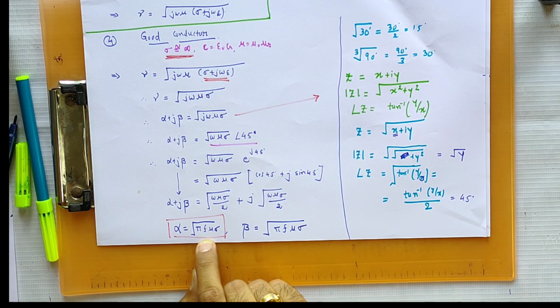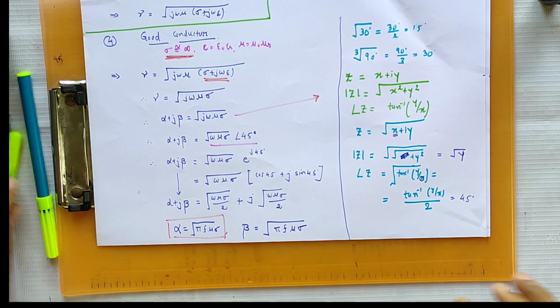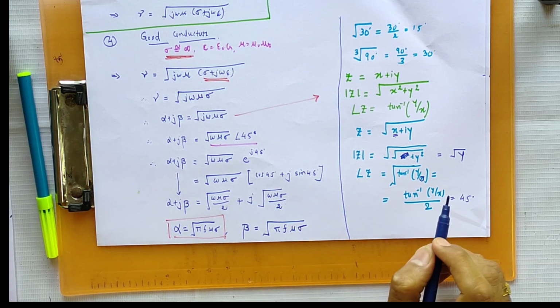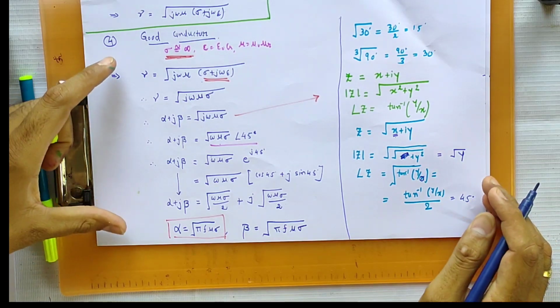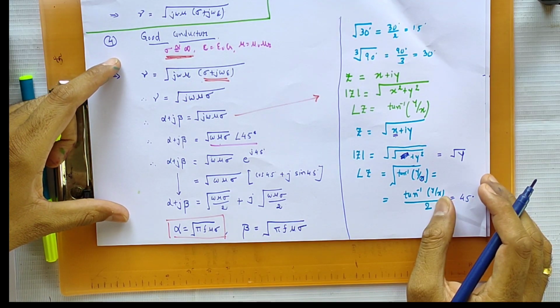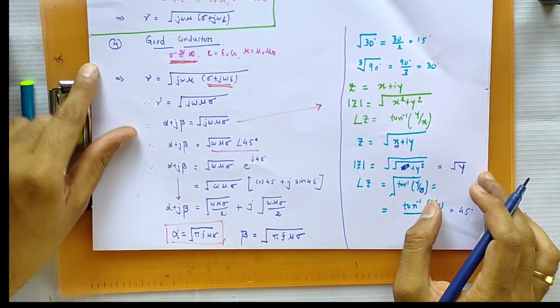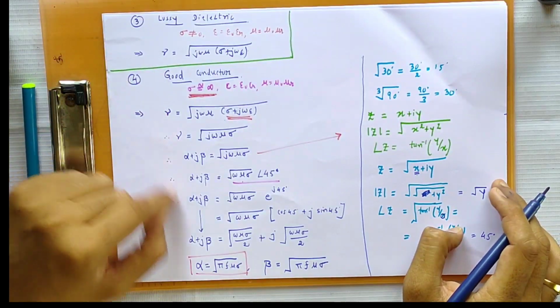Ideally, the electromagnetic wave inside the good conductor is 0. And beta is equal to under root of pi f mu sigma. So it is a very small calculation for the propagation constant for a good conductor.